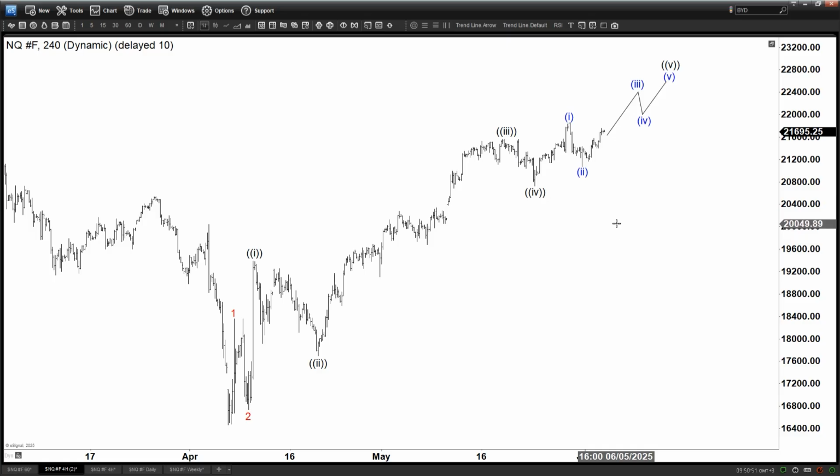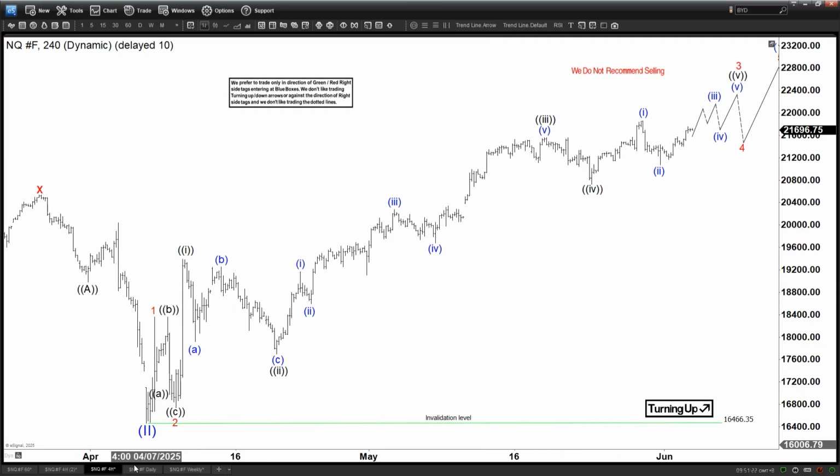It's a motive sequence. So ideally, this could have been wave 5, like I mentioned before, and if that is wave 5, then this will be wave 3 here, and this will be a wave 4, like this, and then a new high will make it 5 waves up from here, which is increasing the odds of a real low already in place back on April 7, because right now we are still waiting to see if we can really see a 5-wave rally from here or not.